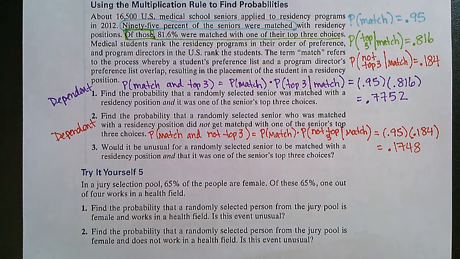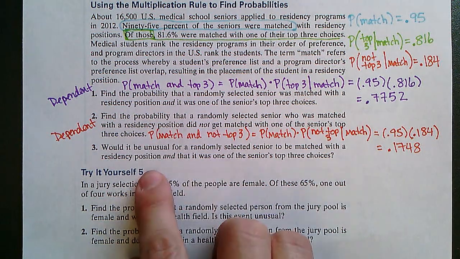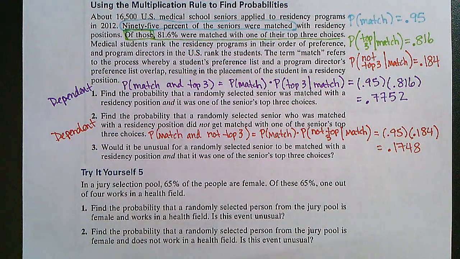Number 3 wants to know, would it be unusual for a randomly selected senior to be matched with a residency position and that it was one of their top 3 choices?